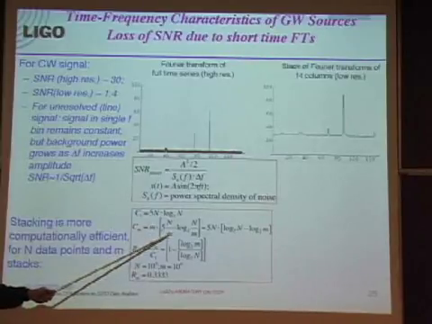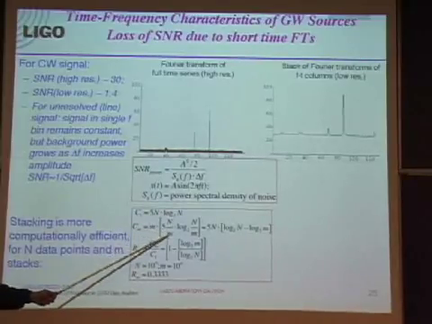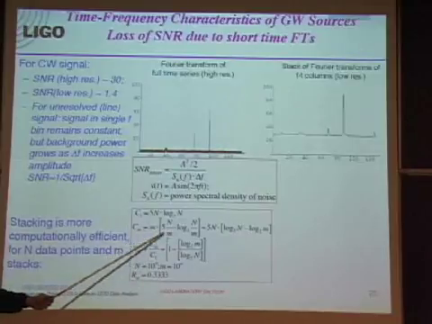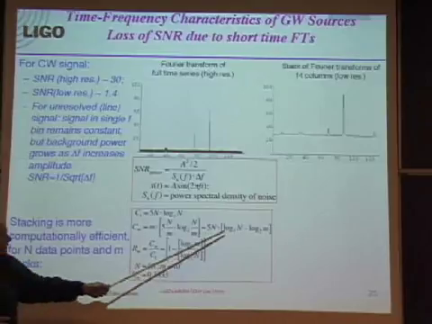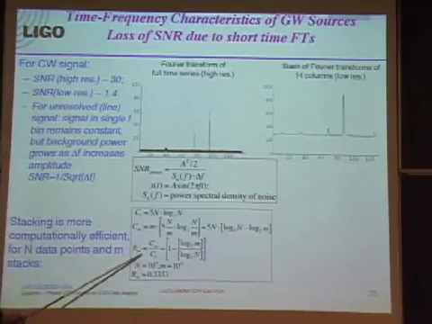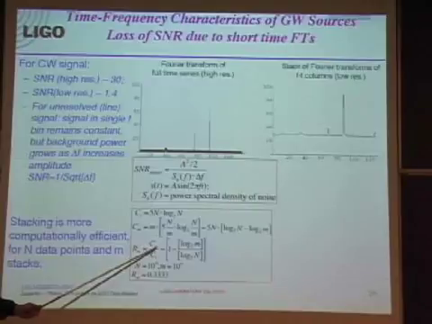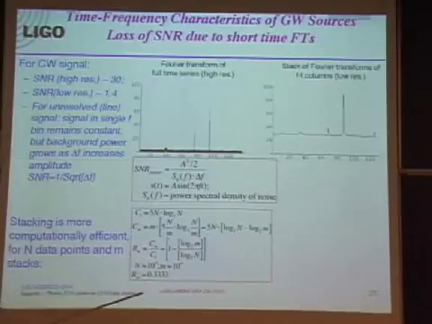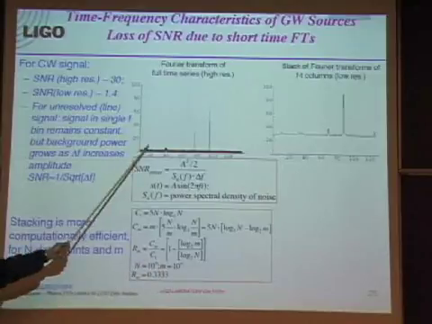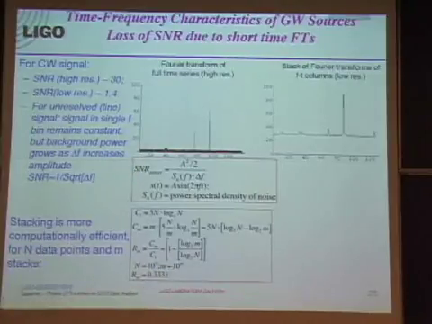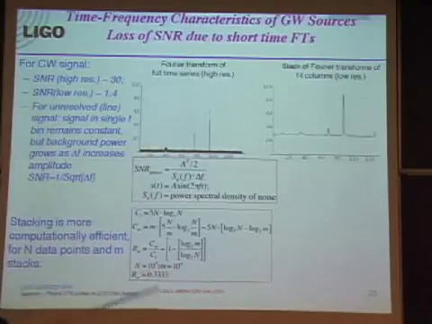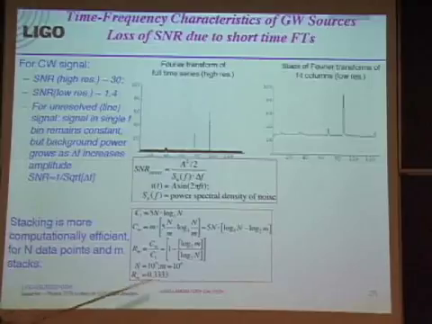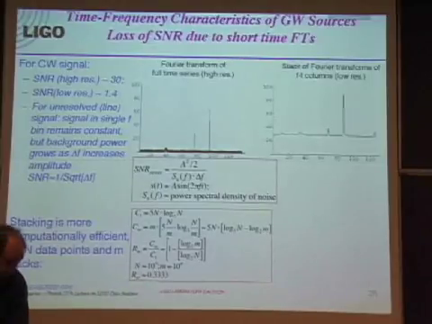If I do m FFTs, each of which is length n over m, the factor in front drops out, but the log of n over m is then compared to the log of n. And so the improvement factor, if I talk about the cost for m FFTs over one long FFT, has this behavior. If I had 1 billion points in this FFT, and I considered doing 1,000,000 1,000 point FFTs, for example, the cost would be about a factor of 3 less.